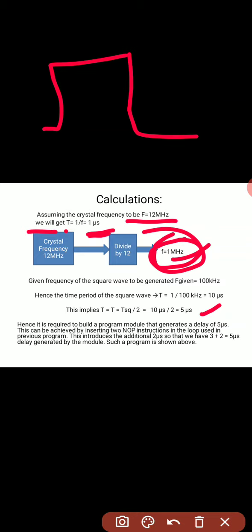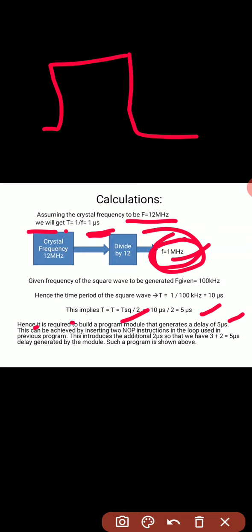To generate 5 microsecond, we need 5 such cycles, so we multiply by 5. That means whatever code we write should encounter a total of 5 machine cycles. Hence it is required to build a program module that generates a delay of 5 microsecond.